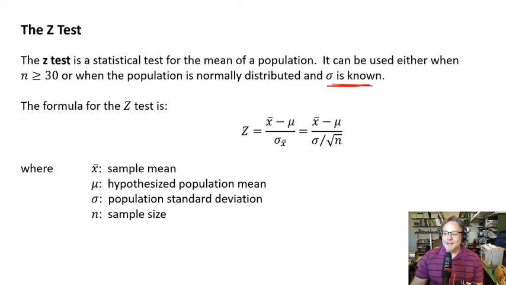The formula for the z-test involves comparing the sample mean with the population mean and dividing that by the standard error of the mean, which we calculate as the population standard deviation divided by the square root of the sample size. And by the way, this population mean is not known, it's hypothesized.